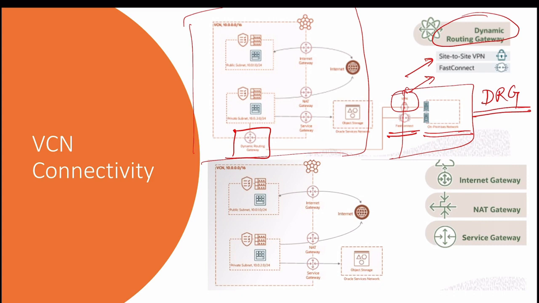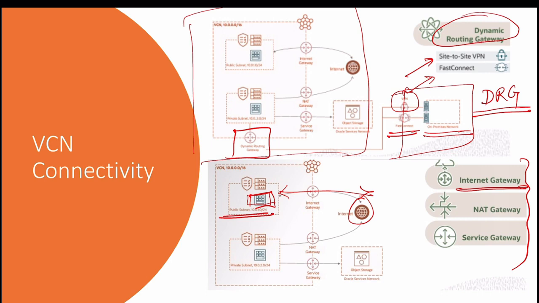Now we have three other types of gateway as well. The internet gateway is used when our instance needs to communicate through the internet bidirectionally, meaning traffic will go and come both ways. In that case, our instance should be part of a public subnet.